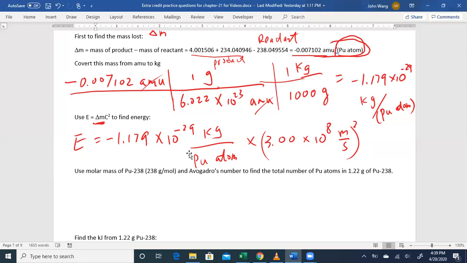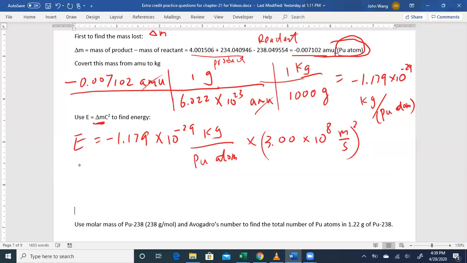So if you multiply, what you get is this number. So negative 1.0614 times 10 to the negative 12.